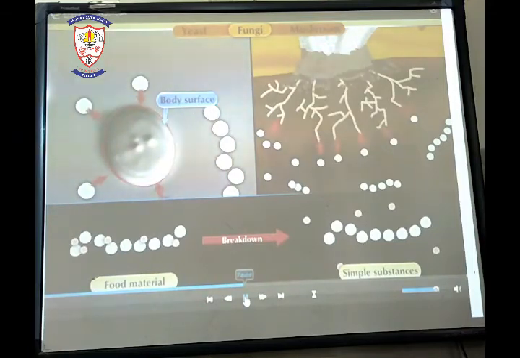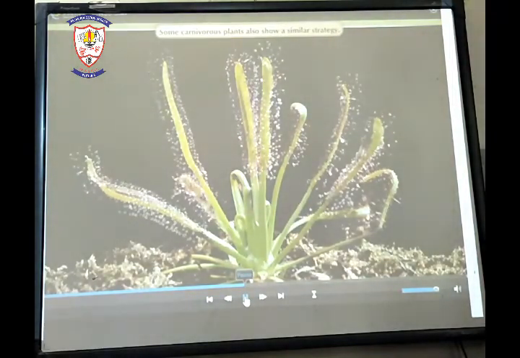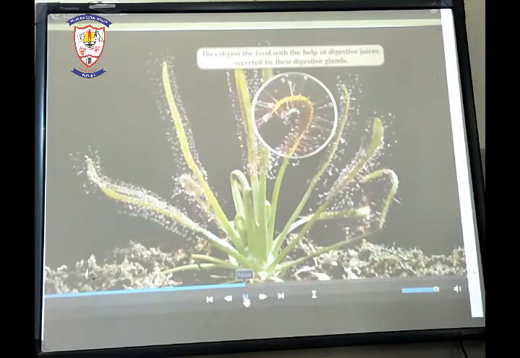In case of yeast and mushroom, they have absorptive hypha, you may say hyphae, and some carnivorous plants also show a similar strategy. They digest the food with the help of digestive juices secreted by their digestive glands.